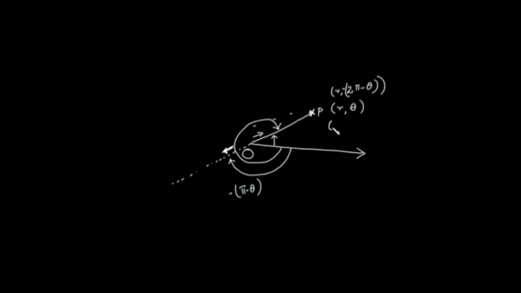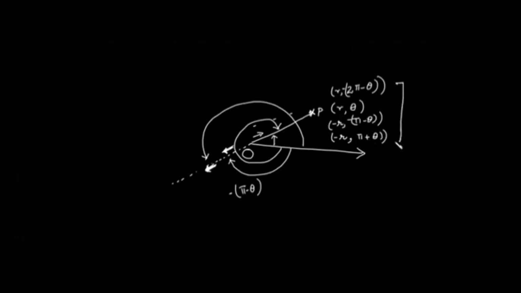Back distance is denoted by minus of r, and the angle is pi minus theta with minus sign. Or one can reach by taking a turn of pi plus theta, again the direction is this one, and our face is in this direction. So if we want to reach the point P, we have to cover a backward distance, denoted by minus of r, and the angle is pi plus theta.